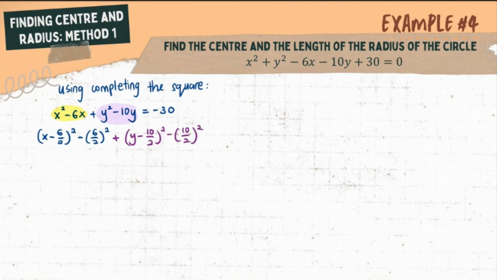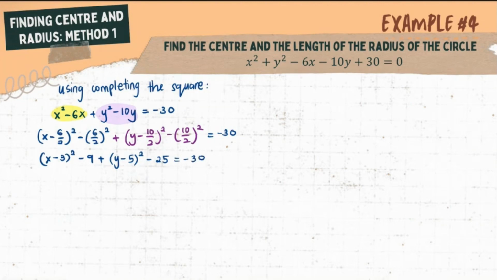Okay, so nanti akan equals dengan negative 30. So, untuk 6 over 2 ni dia akan jadi x minus 3 squared. Dan kita dah tahu 6 over 2 will be 3. So 3 squared is negative 9 plus y minus 5 squared minus 5 squared is 25 equals to negative 30.